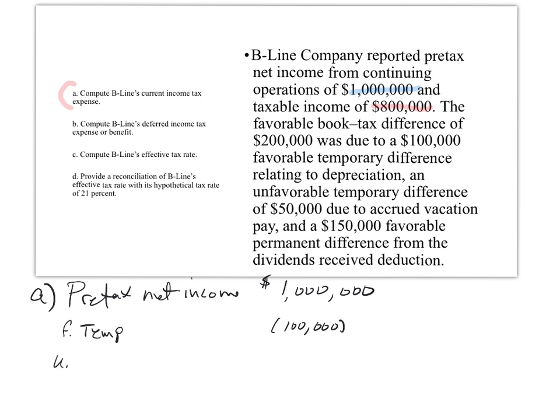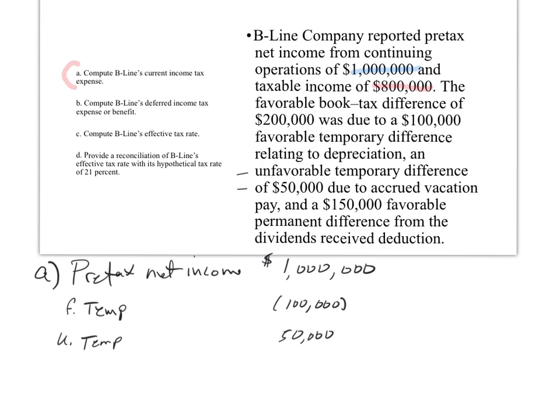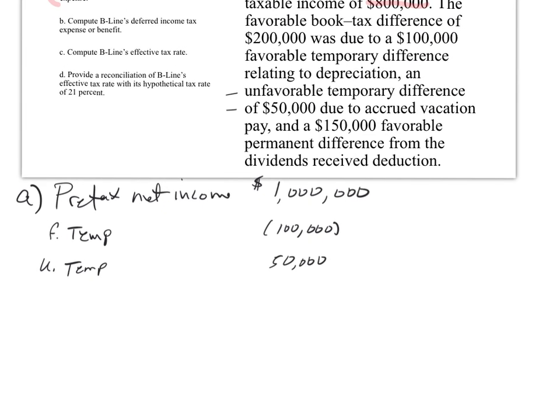And now what about unfavorable temporary? Well, we're told that we have an unfavorable temporary difference due to accrued vacation. So that's unfavorable temporary, and that is going to increase our taxable income relative to book. And now, what about permanent differences? We have a favorable permanent difference, and we need to find that.